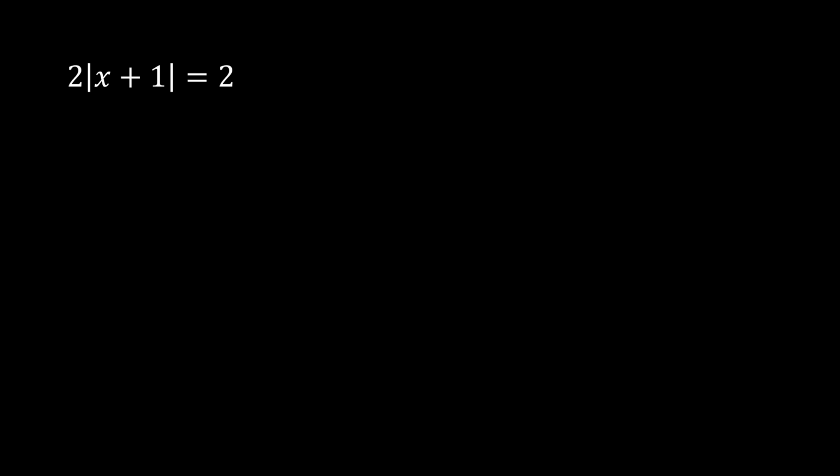In this example, notice that we have a 2 here out front. So this is not isolated. The absolute value is not by itself. Well, the way I'm isolating this is the same way that I would isolate a variable. For example, compare this to the equation 2x equals 2, where the only difference is instead of the absolute value, we just have an x. Well, we all know how to solve this one.